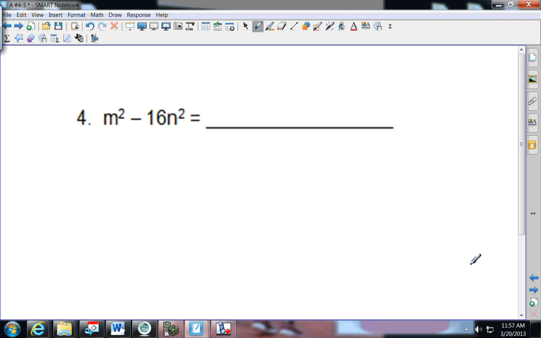Let's look at number 4. Number 4, there's only 2 terms. There's a minus sign in between it. So that's good. It means I'm going to be able to split it up. Hopefully. I know one's going to be plus, one's going to be minus. M squared splits up as M and M. So I'm going to put that here. Now, 16.